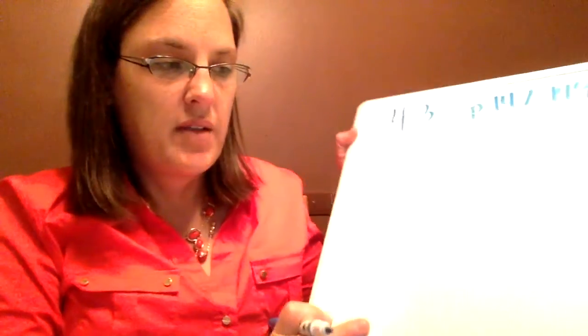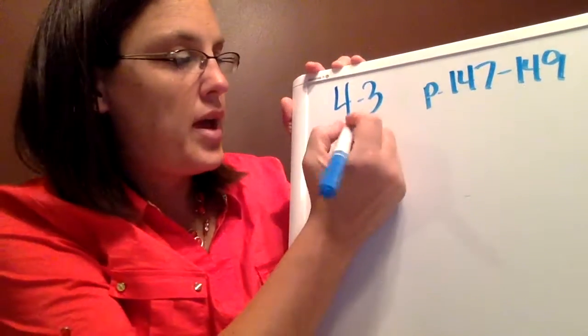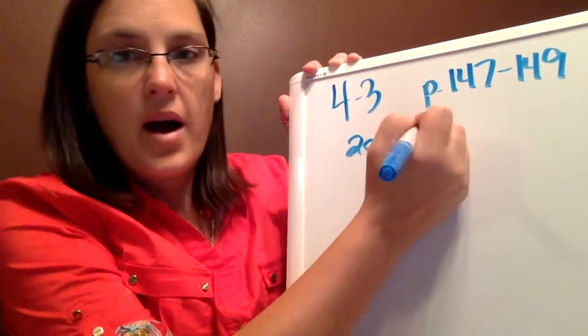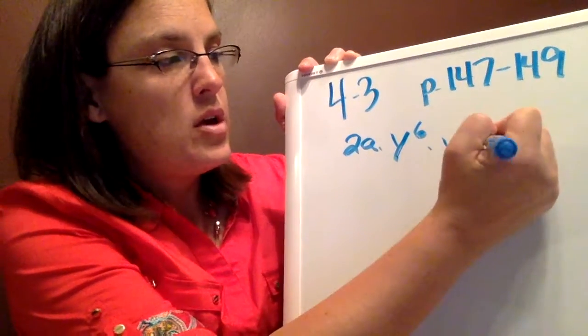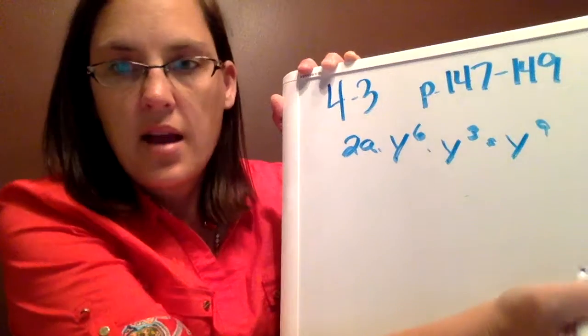So looking at example 2 now on page 148, it's asking you to, again, write using a positive exponent, but the only difference here is that you have variables instead of numbers. So for 2a, we have y to the 6th times y to the 3rd, which is simply y to the 9th.